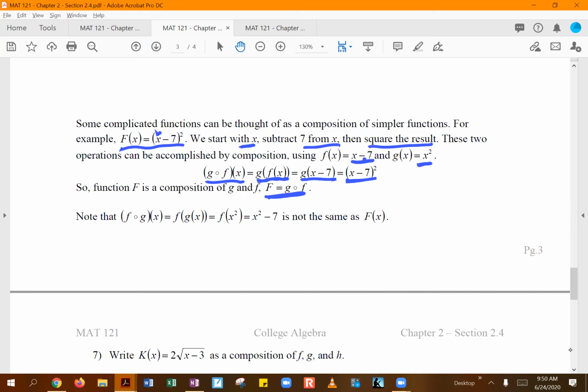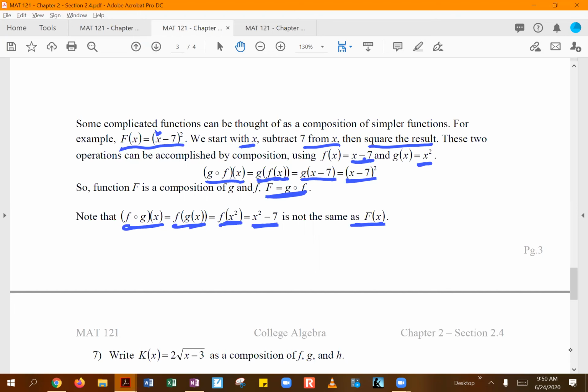So this composition works. But what happens if instead of doing g of f, you changed it to f of g, putting the f on the outside and g on the inside? So if we're putting g on the inside, that means x squared is going inside of the f, and you will actually end up getting x squared minus 7, which is not the same thing as our F of x function.